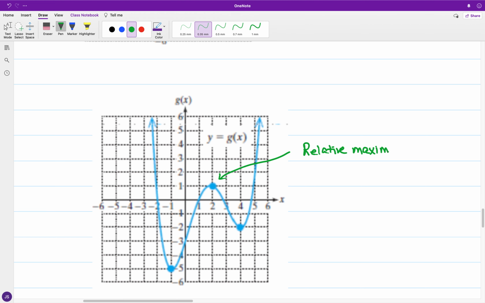And the relative maximum, it's going to be maximum since we have just a single point, but anyway, the relative maximum will be in reference to the y values.